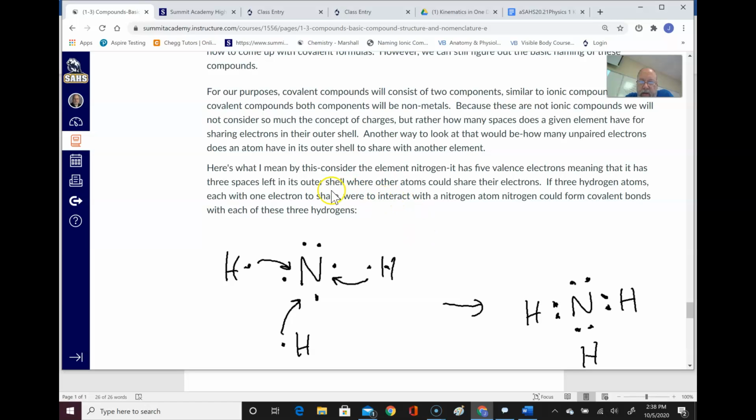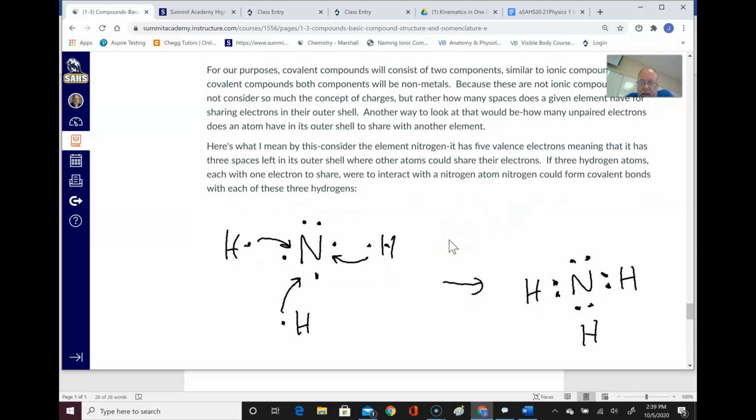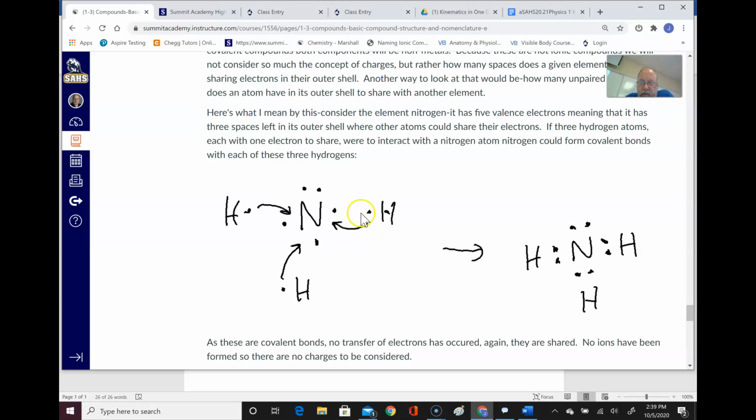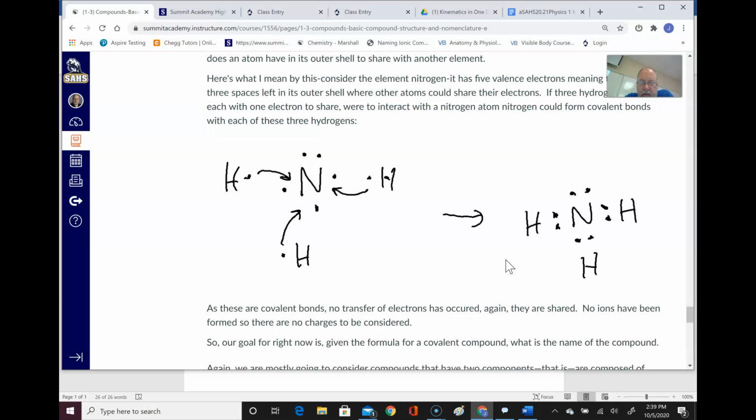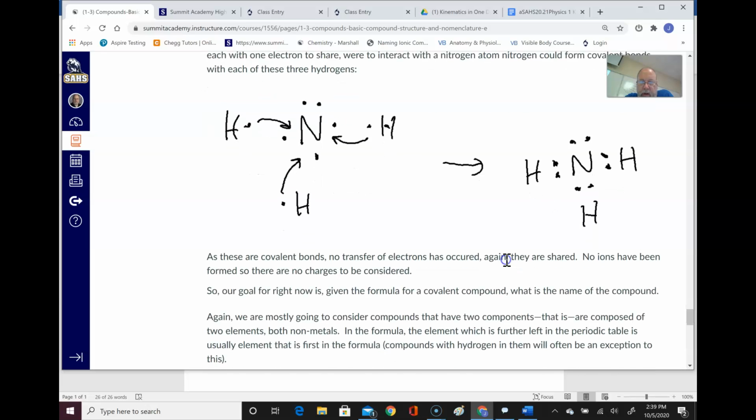So if 3 hydrogen atoms came along and were to interact with a nitrogen atom, nitrogen can form covalent bonds with each of these 3 hydrogens, and we're showing this here. Here's 1 electron that could be shared, here's another, and here's another, so that if that happens, we'll get 3 covalent bonds for nitrogen, one with each of the free electrons that nitrogen has.